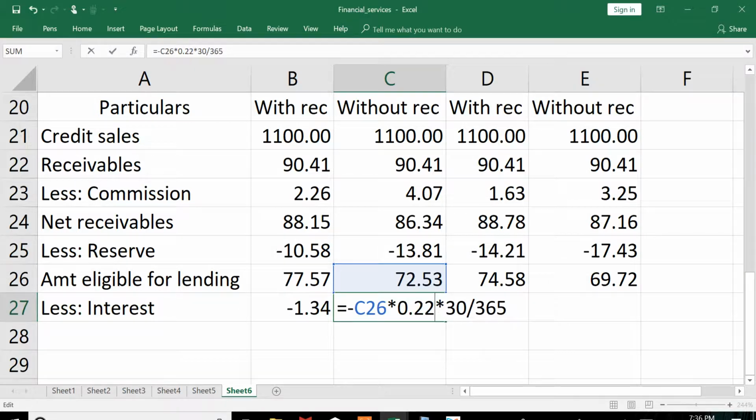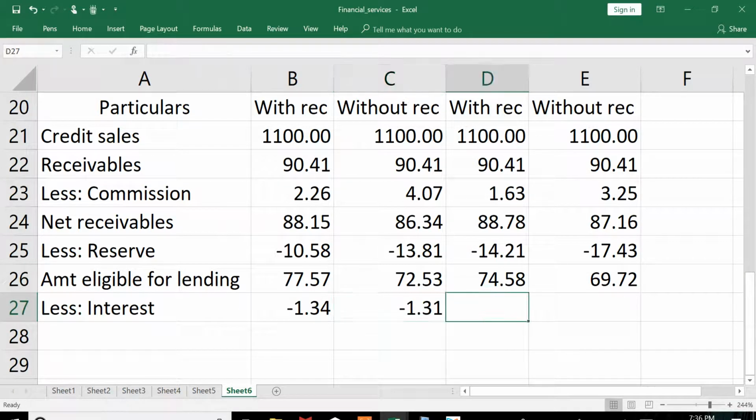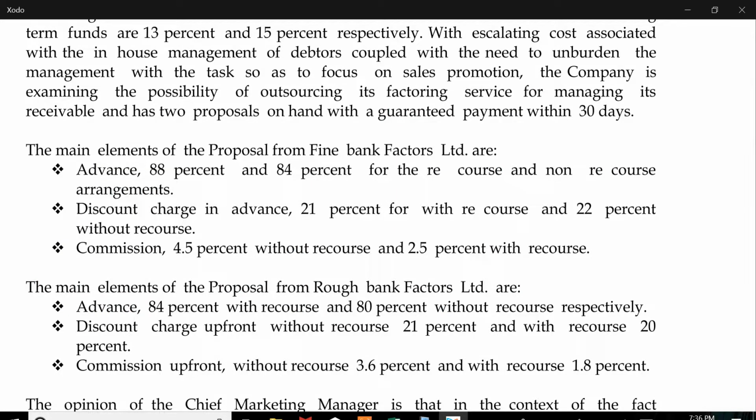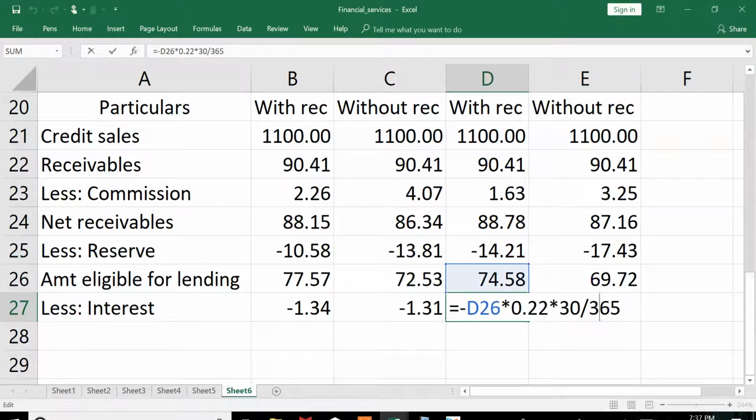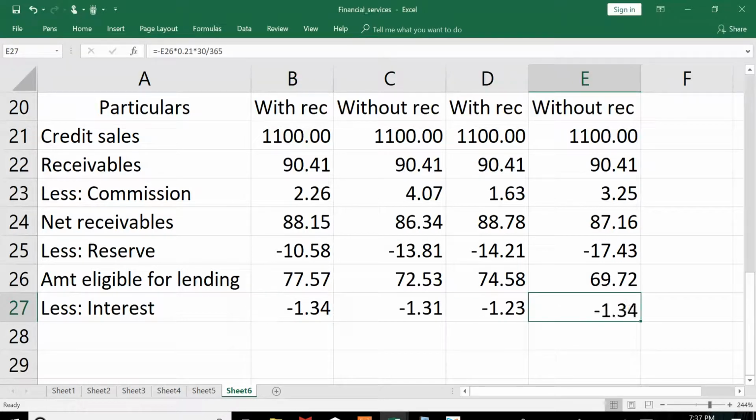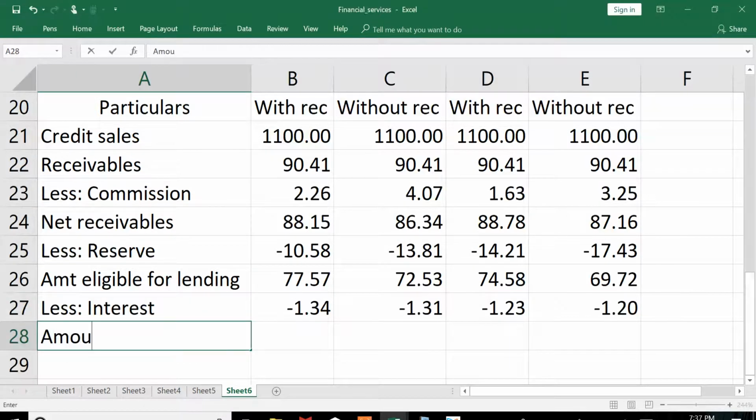Next is 22%. Be careful, they may shuffle the numbers at times. 21, 22. They have shuffled the numbers for the rough bank. It's 20 and 21. With recourse is 20%, without recourse is 21. Then amount actually lent.